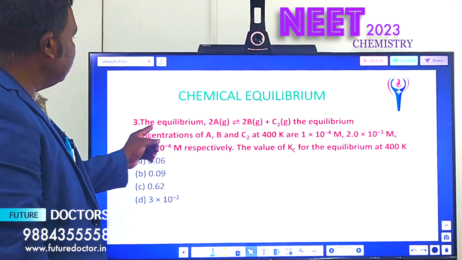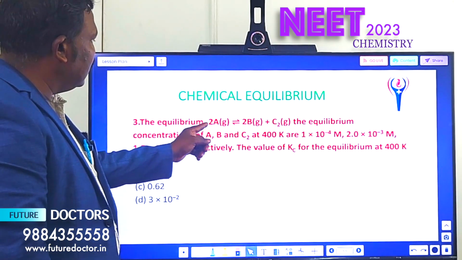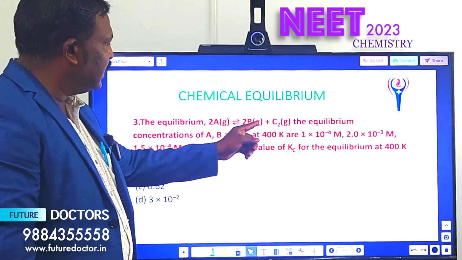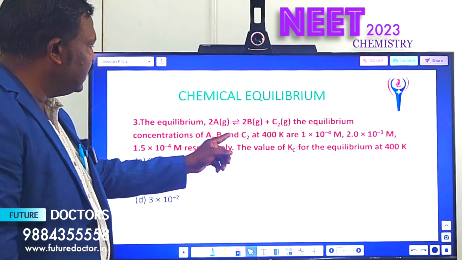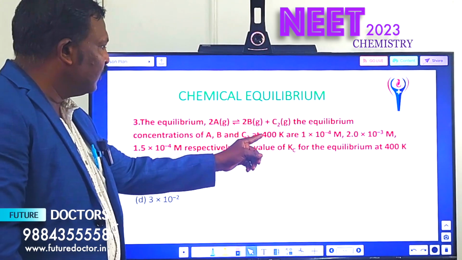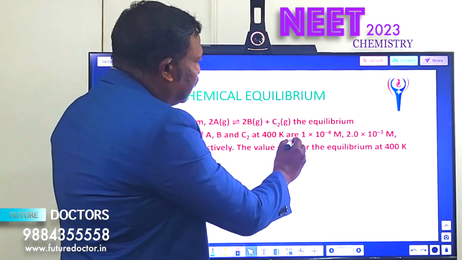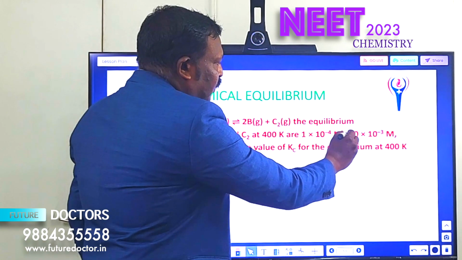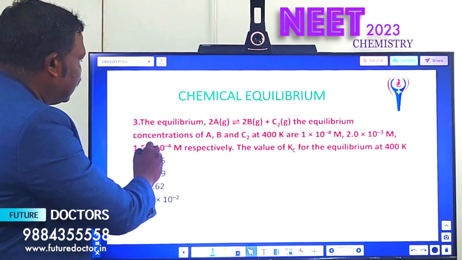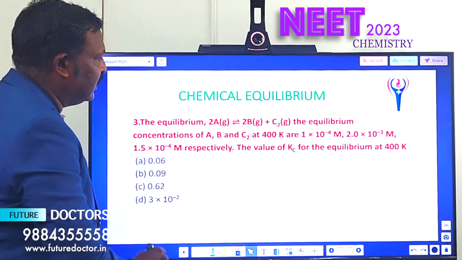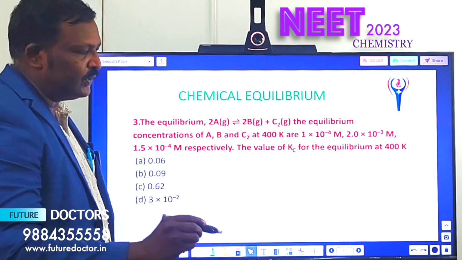In the equilibrium 2A gives 2B and C2 in gaseous state, the equilibrium concentrations of A, B and C2 at 400 Kelvin are 1 into 10 power minus 4, 2 into 10 power minus 3 molarity and 1.5 into 10 power minus 4 molarity respectively. They are asking to find only Kc.